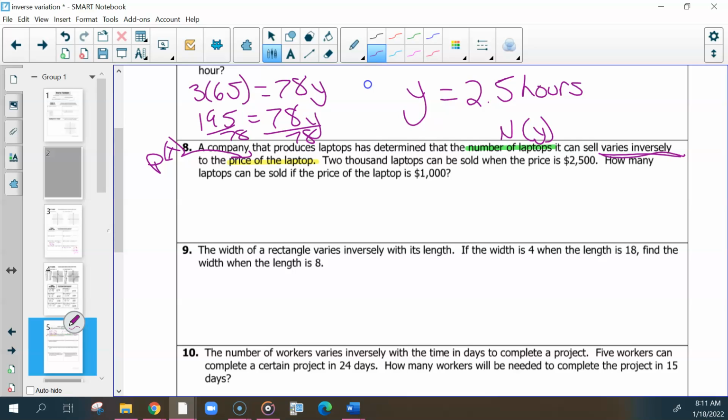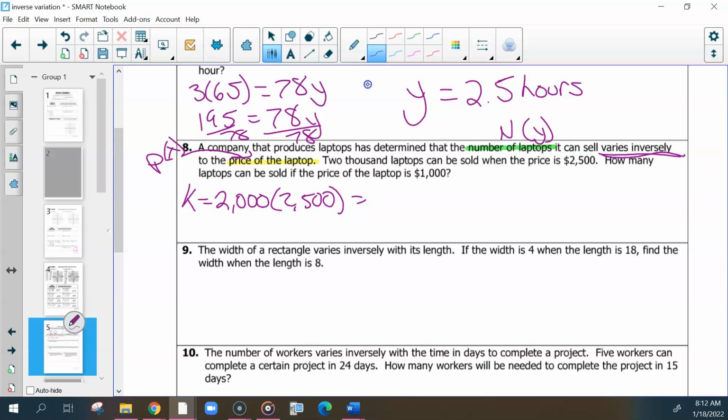So I would need to find my value k. K stays the same. We're not going to change that one. But now we're going to multiply n and p instead of x and y. Same thing though. With the numbers we know, so 2,000 and 2,500. So these are going to be big numbers.